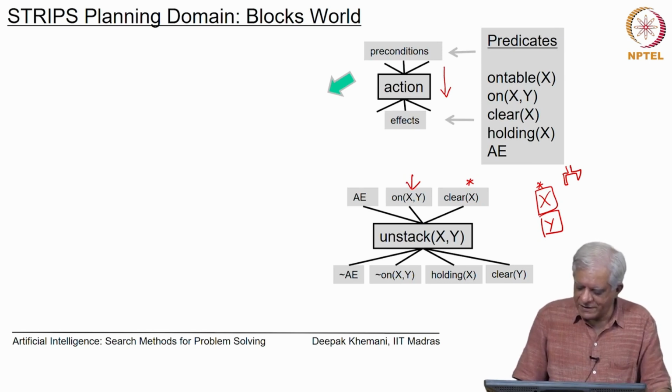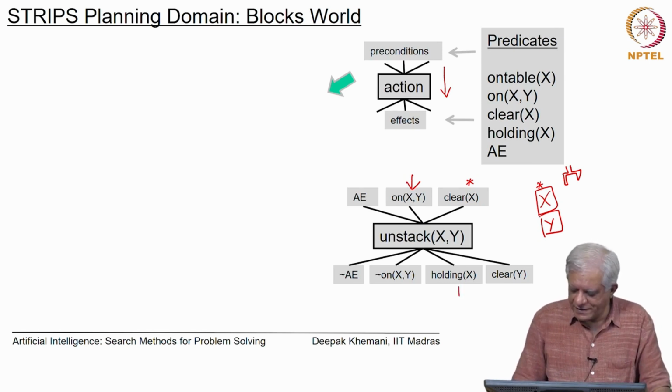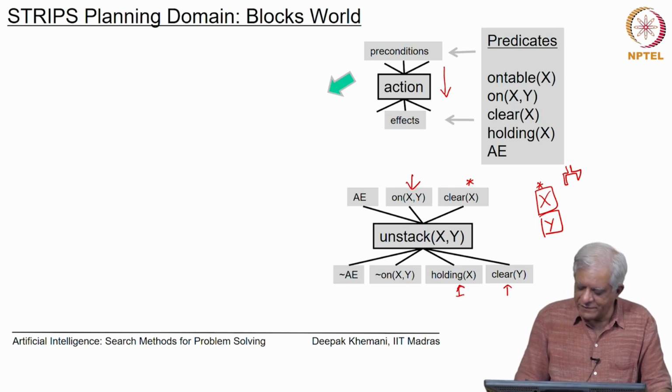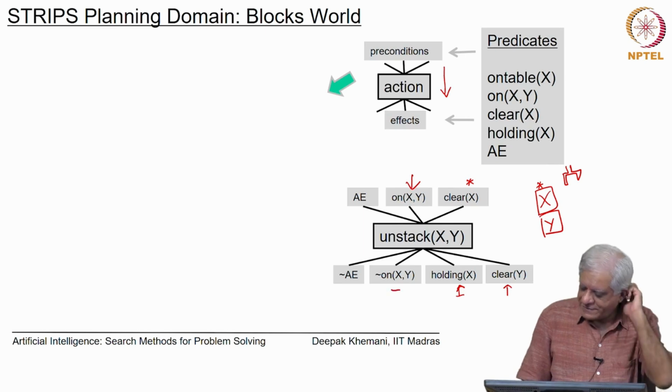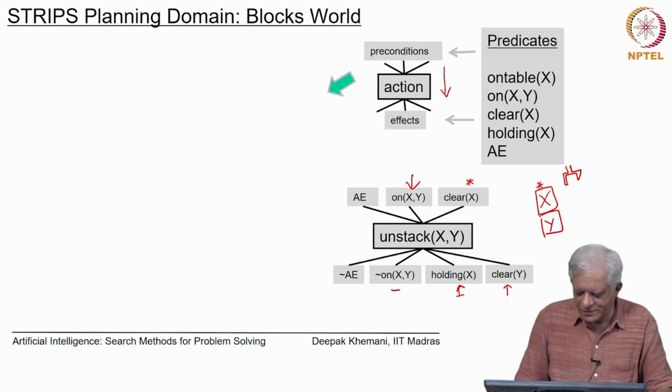and the effect of that would be, first of all, that you would be holding x, then you would have made y clear. The delete effect or the negative effect would be that x is no longer on y because you have picked it up from there, and also the arm is no longer empty.